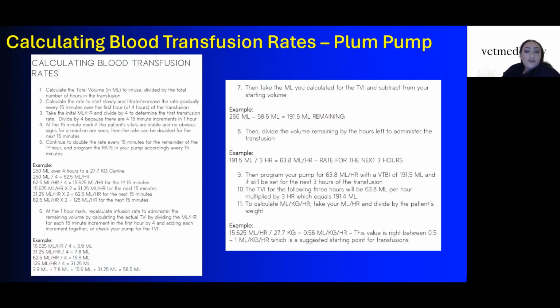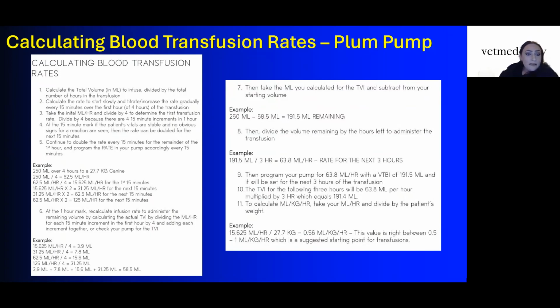Take the initial mils per hour, which is your total volume divided by time, which is the 4 hours of the transfusion, and divide by 4 to determine the first transfusion rate. Divide by 4 because there's 4 15-minute increments in 1 hour as well.